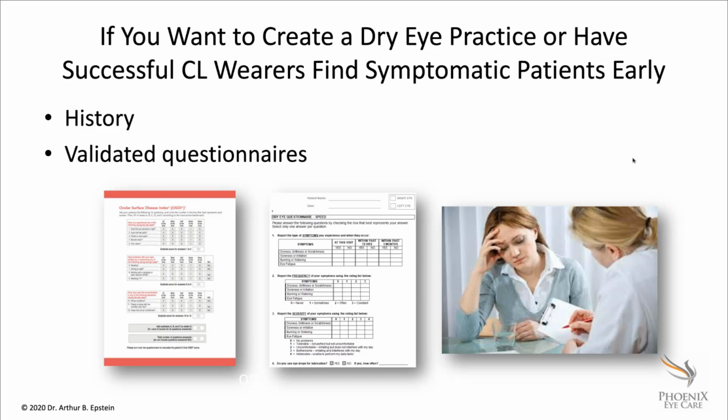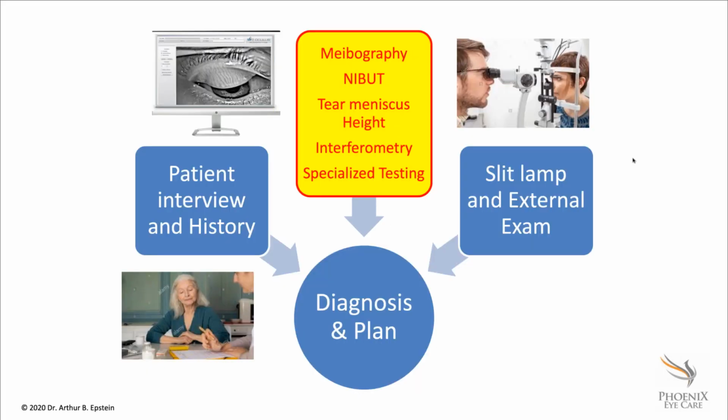So the patient says, okay, I know I've got a problem, I'm going to deal with it, and the tech or the assistant says, I'm going to mention it to Dr. Epstein, and he will bring it up, and then during the examination, I've been apprised of it, and I will bring it up and address it and schedule an examination for dry eye specifically after the primary care examination.